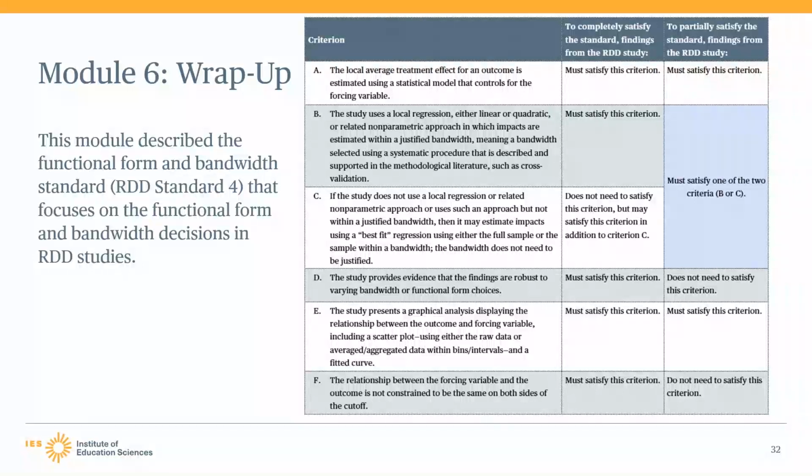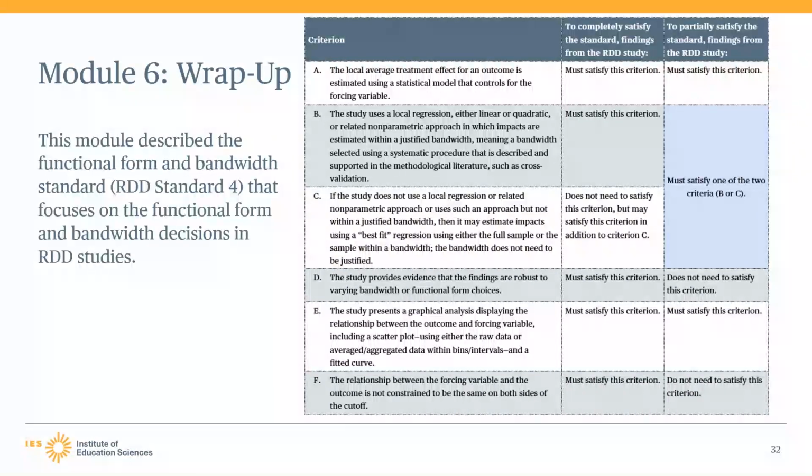We described the 6 criteria used to assess this standard. To completely satisfy the Functional Form and Bandwidth Standard, an RDD study finding must satisfy each of the criteria 4A, 4B, 4D, 4E, and 4F, which all help to establish that appropriate methods were used to specify the bandwidth and functional form specification.